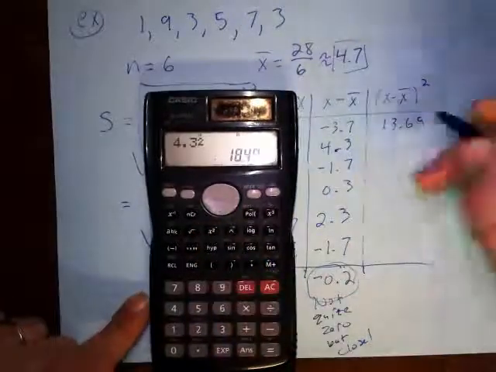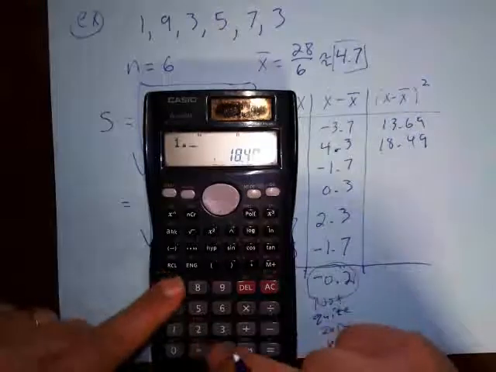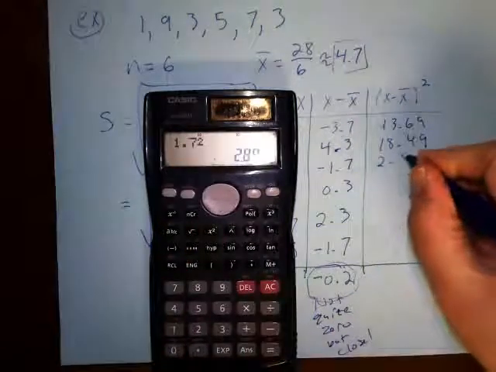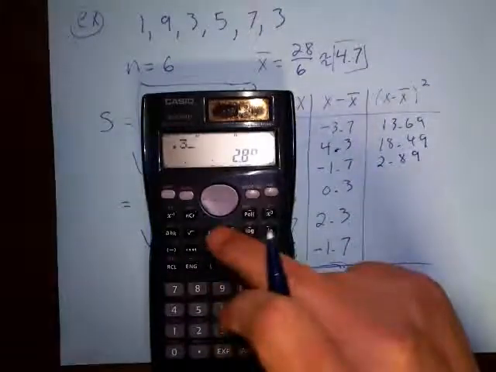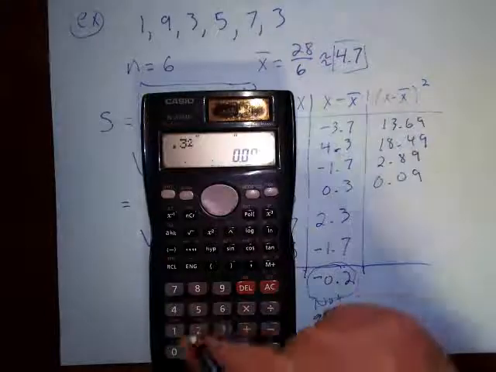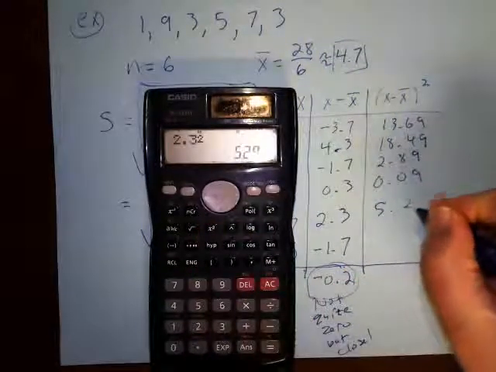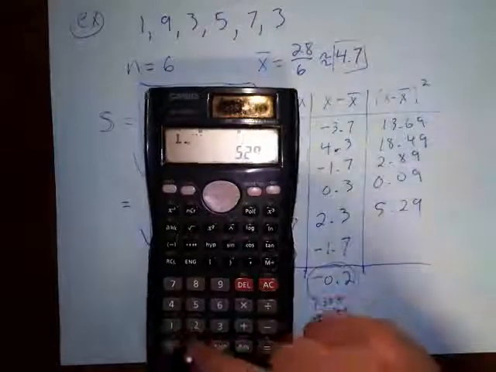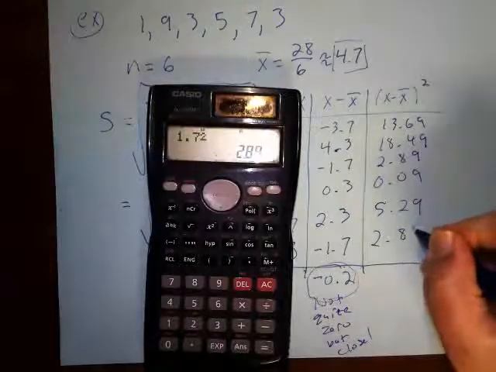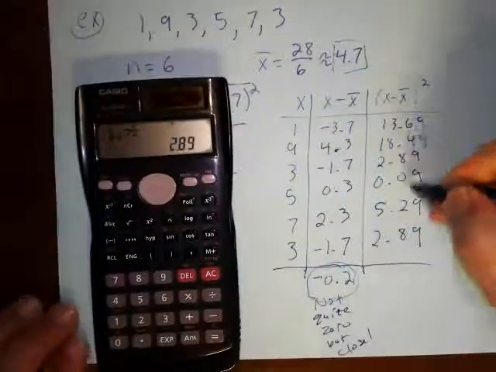Okay, so 4.3 squared is 18.49. 1.7 squared is 2.89. 0.3 squared is 0.09. 2.3 squared, 5.29. And then 1.7 squared is 2.89. Okay, so these are my deviations squared.